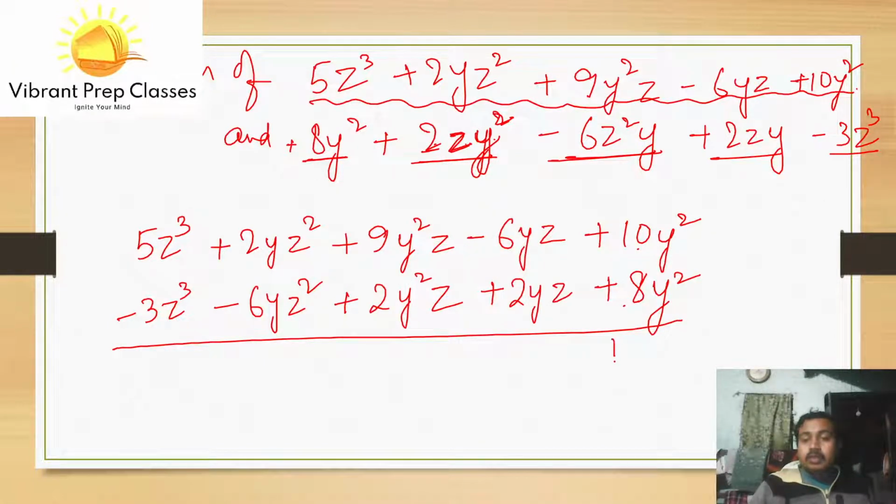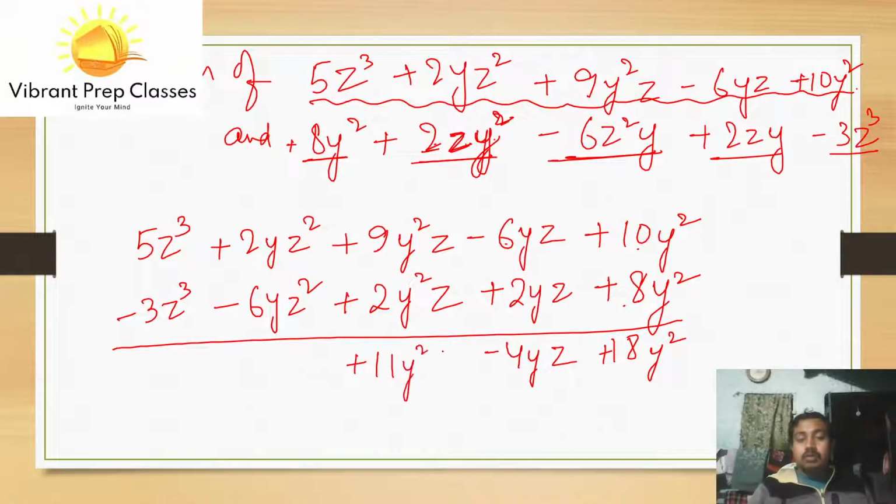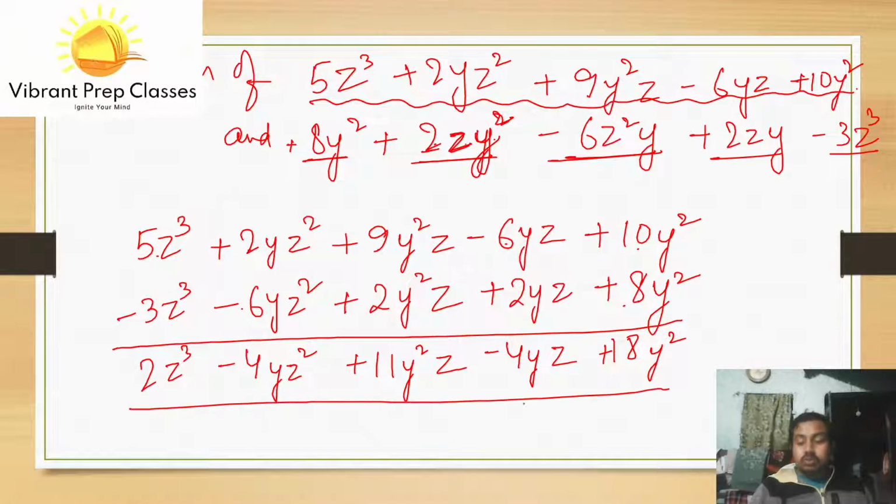10 and 8 will become 18. There is no borrowing and carrying over here, okay? -6yz and +2yz will be -4yz, plus 9 and plus 2 will become plus 11y²z. -6 and plus 2 will become -4yz², and 5z³ and -3z³ will be 2z³. So it's very easy.